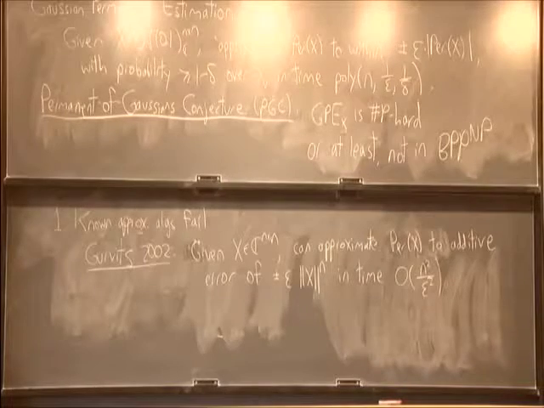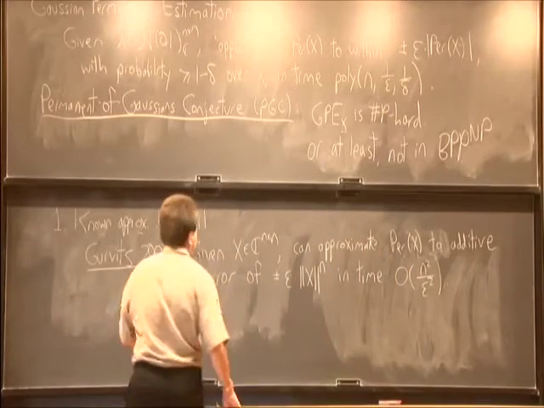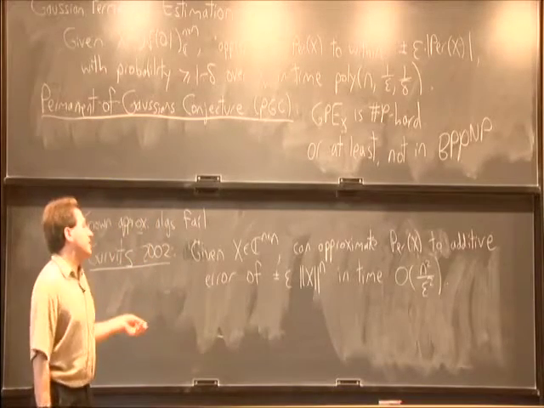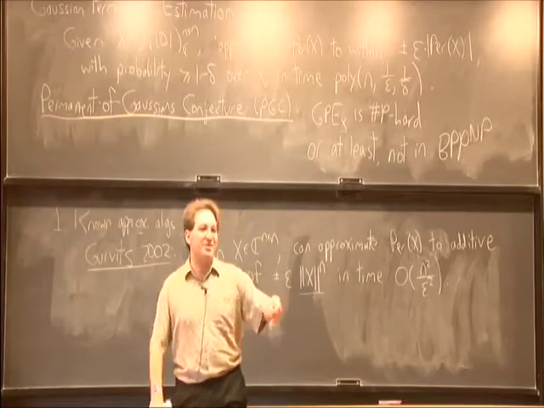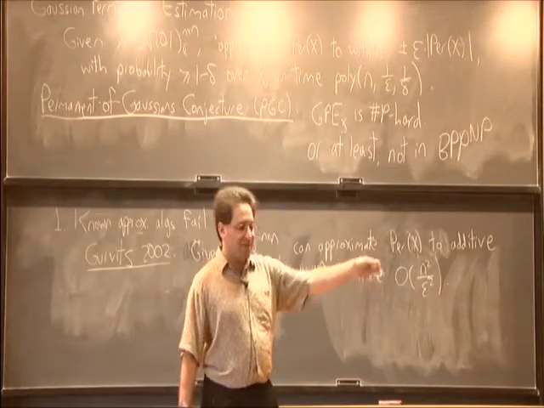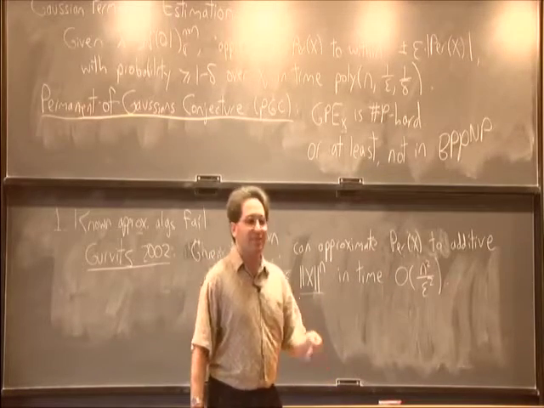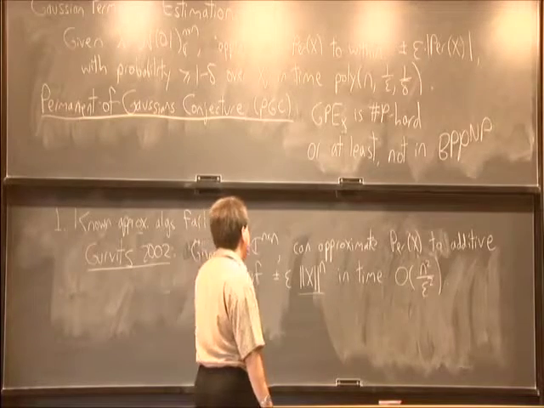Basically he gives an estimator which never exceeds the spectral norm to the nth power, and it's an unbiased estimator. So then you just have to run this estimator 1 over epsilon squared times and take the mean. So what happens if you try to run this algorithm?